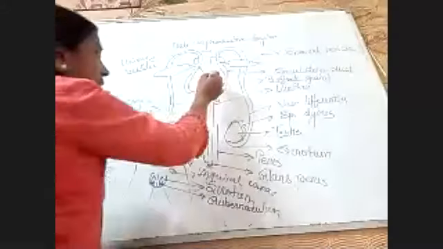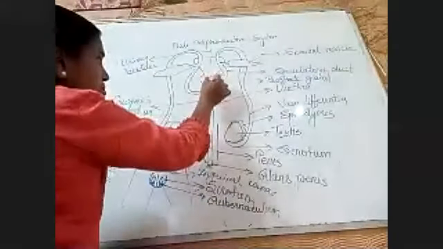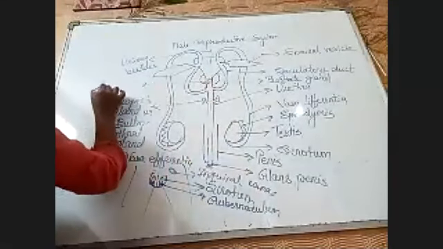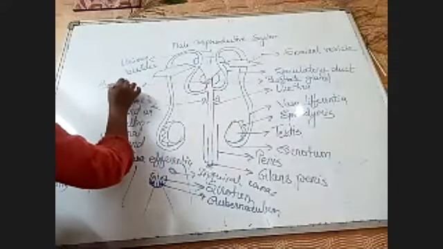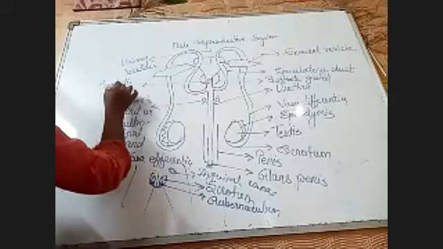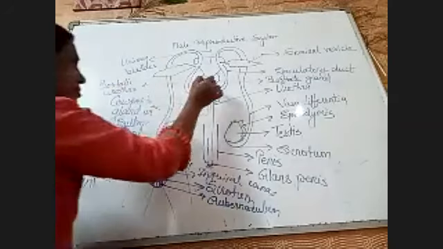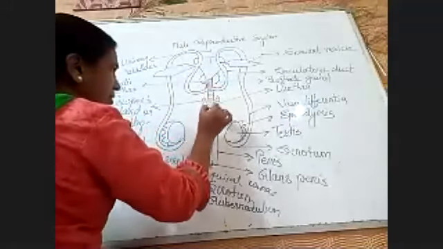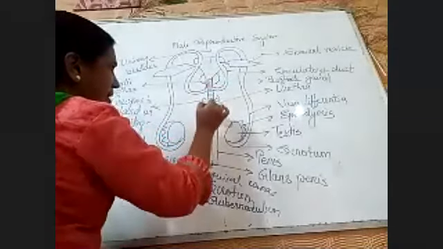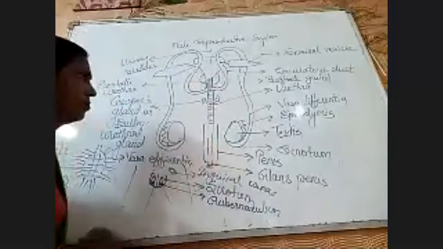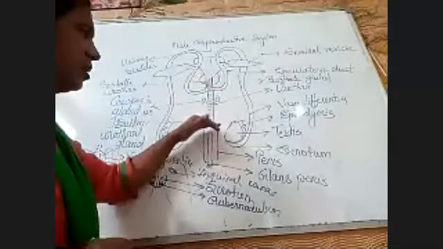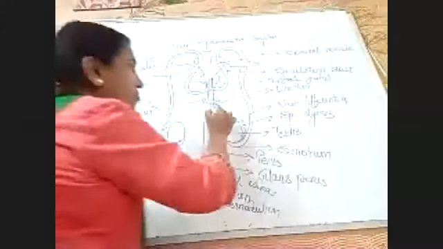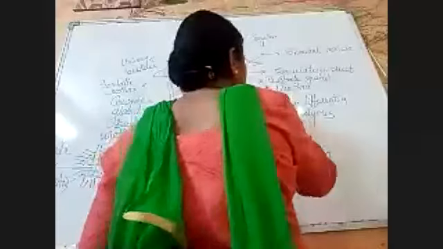The part surrounded by the prostate gland is called the prostatic urethra. The part from the prostatic urethra up to the penile urethra is called the membranous urethra. This is the membranous urethra.